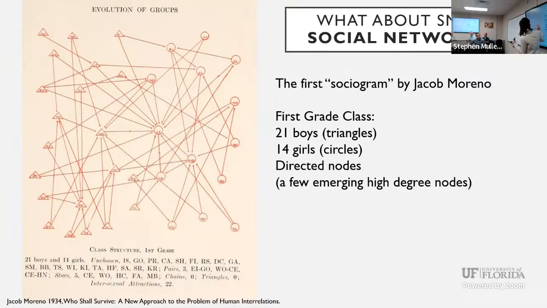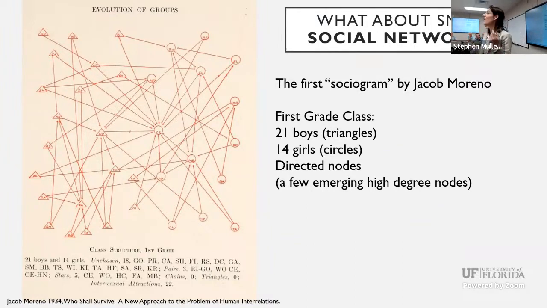The boys are shown here as triangles, the girls are shown as circles, this is where they were sitting, and this is who interacted with whom. We can see that there's a bit of what we call a homophily effect emerging, meaning that the boys were sitting with boys, the girls with the girls, and there wasn't too much interaction between them. But we also see a few emerging nodes that a lot of people interacted with, and we call these high degree nodes.